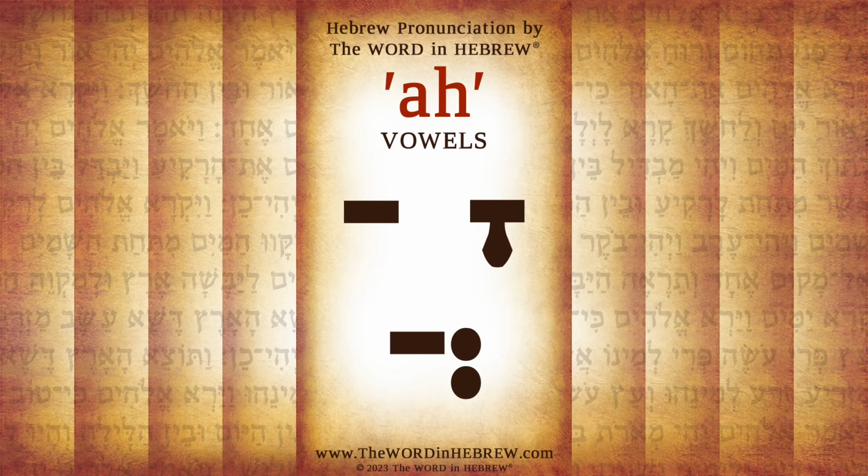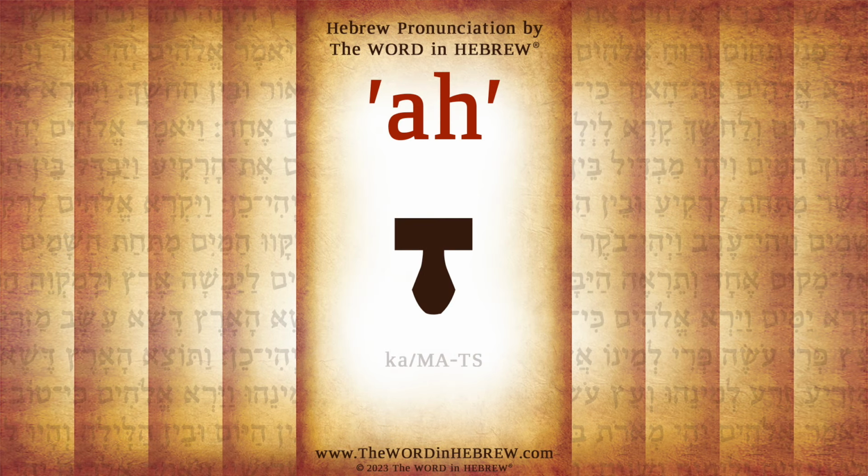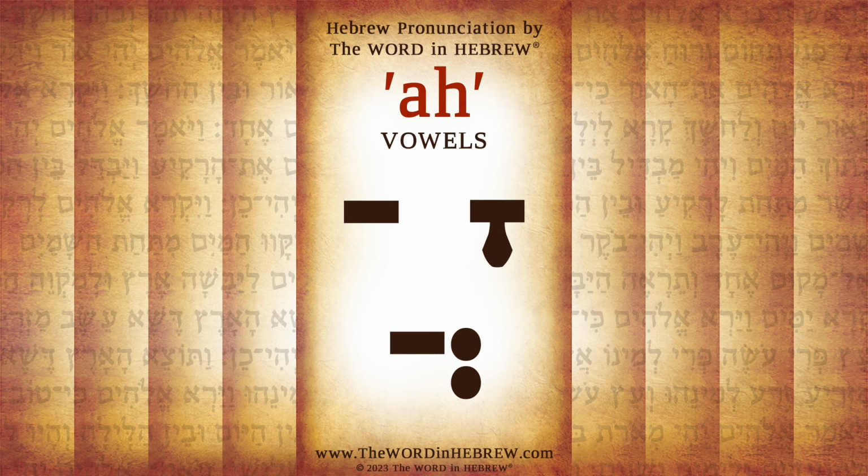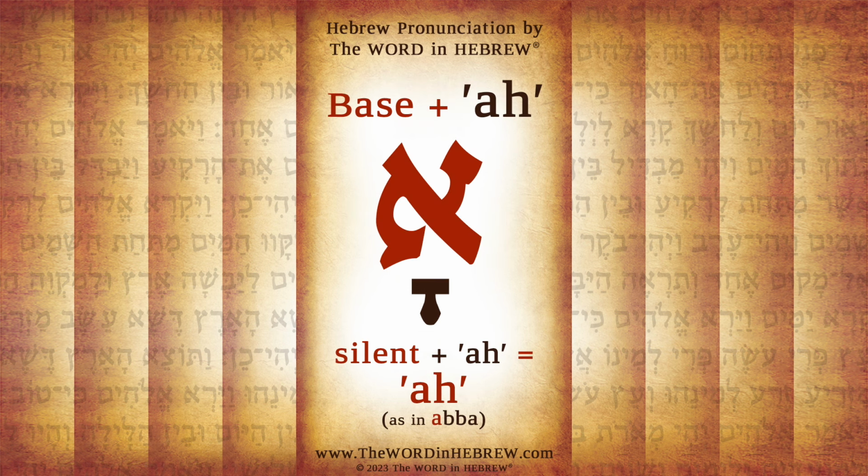There are 3 vowels that add the sound A: kamatz, patach, and chataf patach. Now let's see how they work when combined with a letter. In this example, we have the letter Aleph with an A vowel. Aleph is silent on its own.